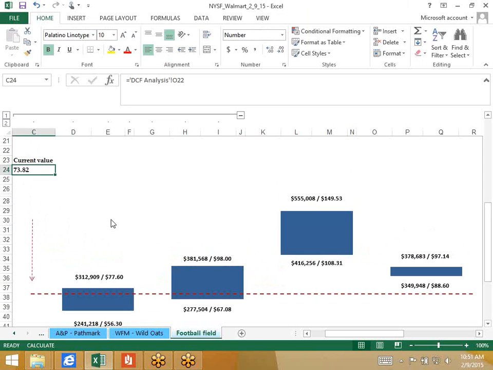How would you read this? Say again? I don't know, maybe. I mean, the tricky thing is, how would you look at one versus the other? What's the value in looking at the comps versus the other three?